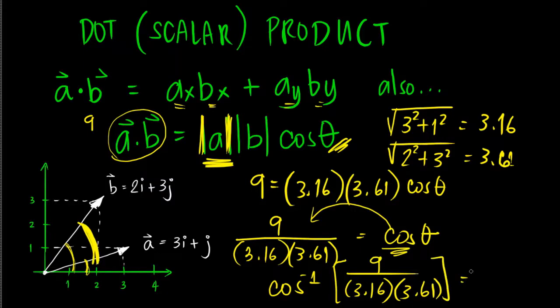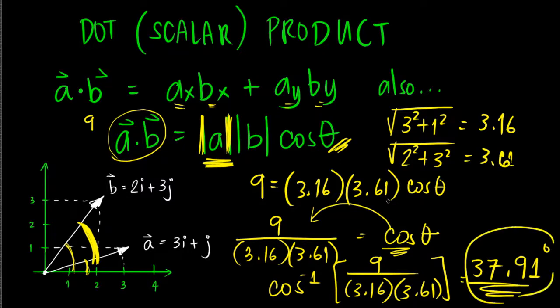On the calculator, that is equal to 37.91 degrees. This is the angle between vectors A and B.